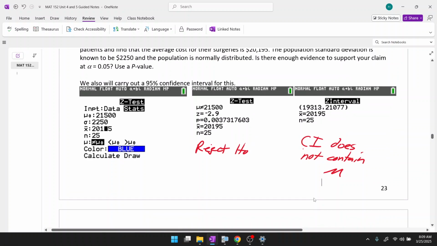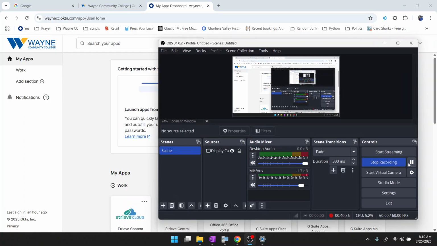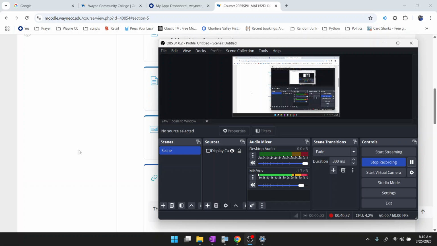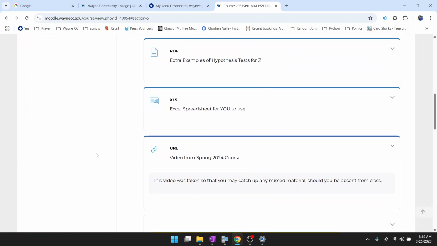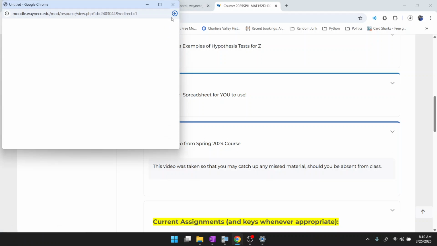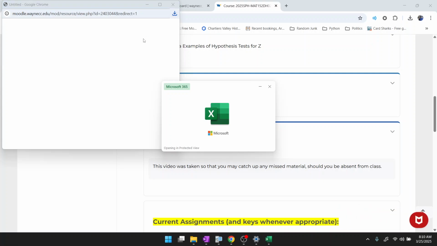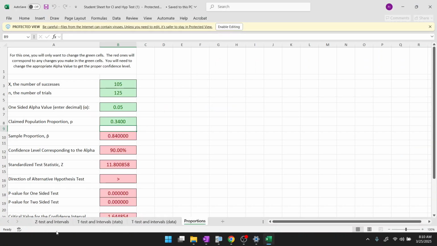So now let me just show you here. I'm going to go to the Moodle page. If you go under class notes, there's an Excel spreadsheet for you to use. It's labeled student sheet, and here's what you're going to do.